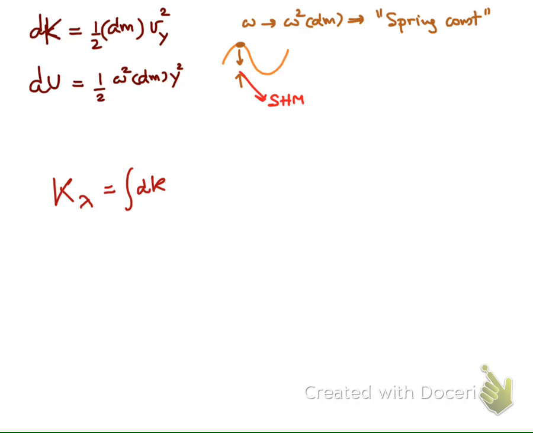Because we are interested in one cycle or one wavelength, we do the integration from 0 to one wavelength of dK, and I will substitute dK here. It is a half of dm Vy squared.